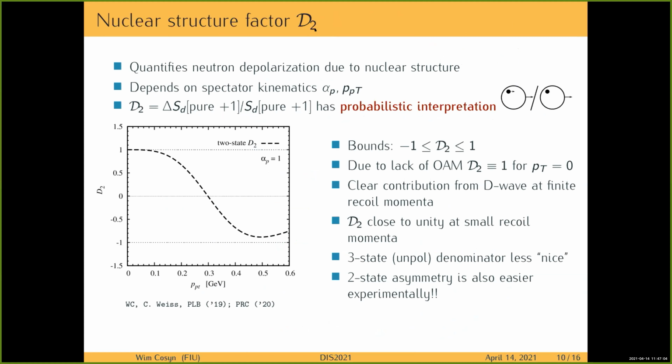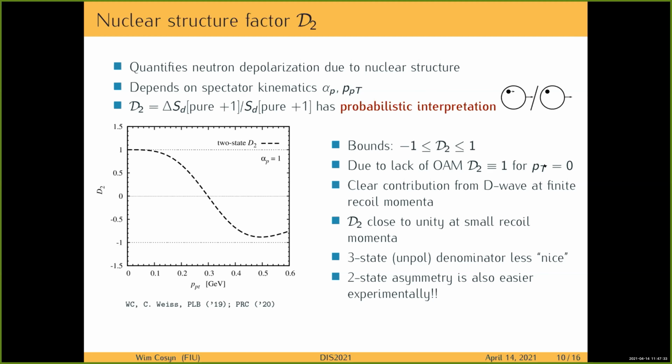So this D factor depends on the kinematics of your spectator, right? So this influences how much depolarization will be caused by the nuclear structure. And because of the denominator, which only has the +1 and -1 polarization of the deuteron, it actually has a probabilistic interpretation. So it tells you how many polarized neutrons are inside a +1 polarized deuteron compared to the unpolarized case. So that means it has bounds. It's between -1 and +1.